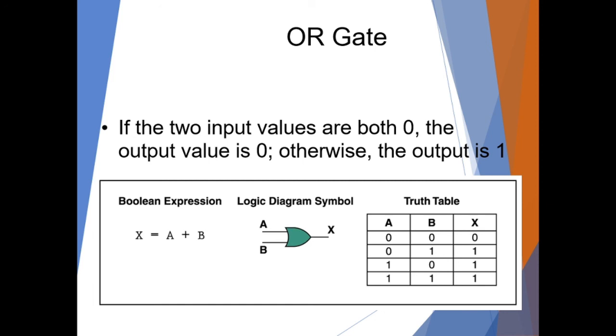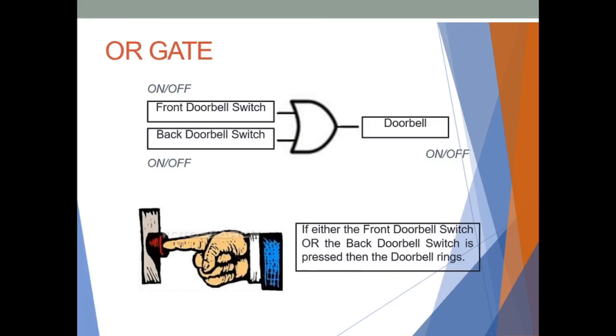Hence, it is clear from the table that the output is high when any one or all inputs are high. Here is an example. This is for a doorbell. The doorbell should ring when either the front bell or back bell switch is on. This is possible through OR gate.